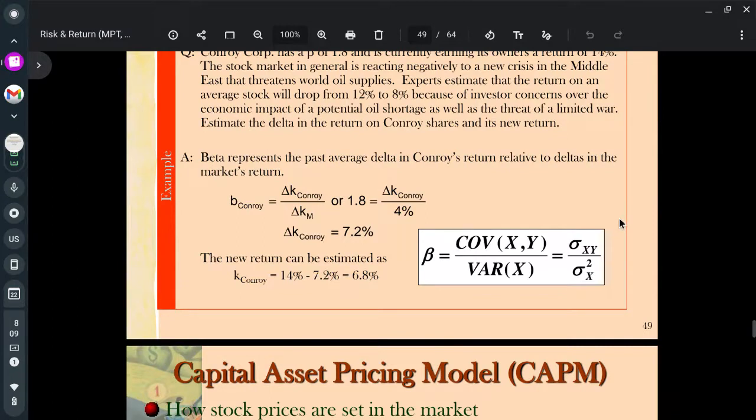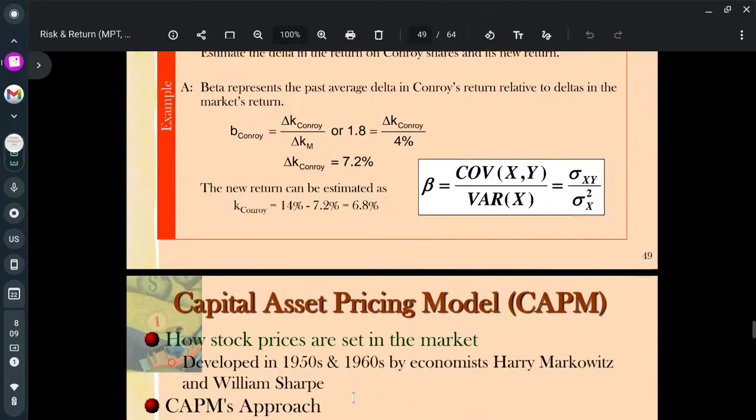When the market goes up by 1%, the stock goes up by 3%. So you might think, the higher the beta value, the better. No, not necessarily. Why? If the market goes down by 1%, the stock goes down by 3%, right? So higher beta means higher volatility. It's not necessarily a good thing.